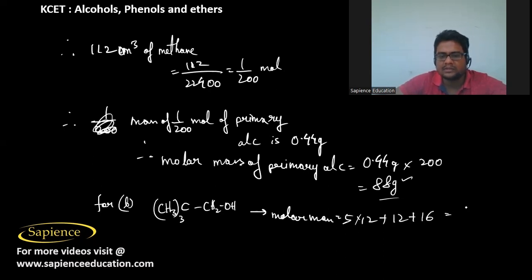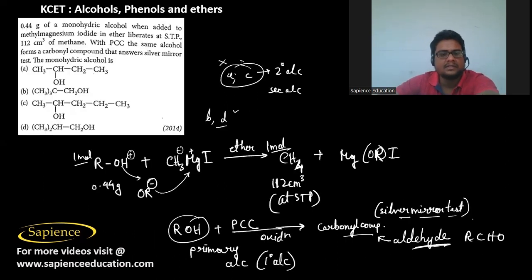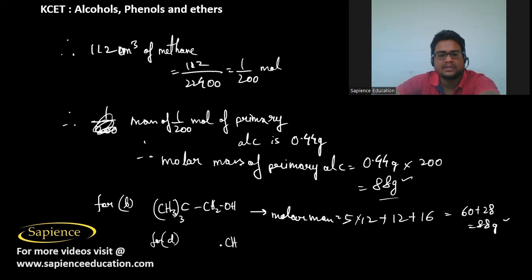So that will be 60 plus 28, which equals 88 gram. And in option D, it is given CH3 whole twice and then you have CH2OH.